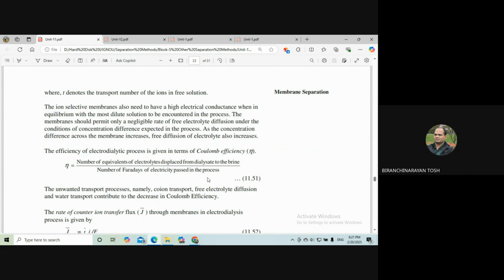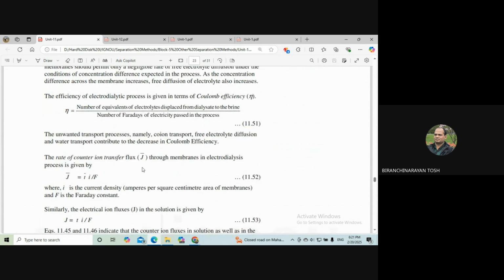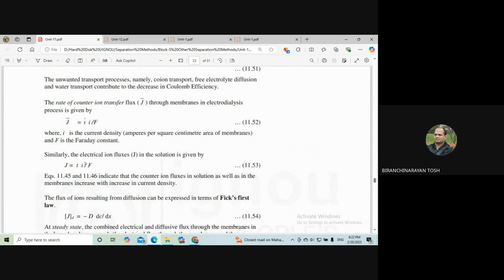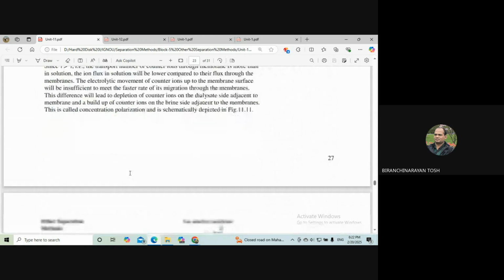If you know the value of eta, then the rate of counter-ion transfer flux J through the membrane is given by this relation, where I is the current density, ampere per square centimeter area of the membrane, and F is the Faraday constant, 96,500. Similarly, the electrical ion flux J in the solution is given by this relation, where T bar is the rate of counter-ion transport, so Ti divided by F. The other relationships you have to just check.